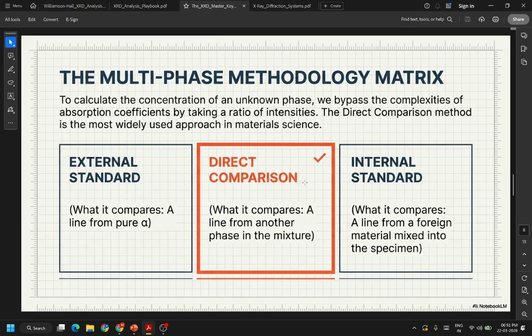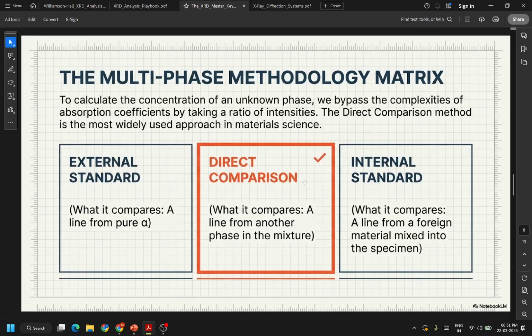To calculate the concentration of an unknown phase, we bypass the complexities of absorption coefficients by taking the ratio of intensities. The most widely used approach is the direct comparison method, where we compare one line from one phase to a line of another phase in the same mixture.